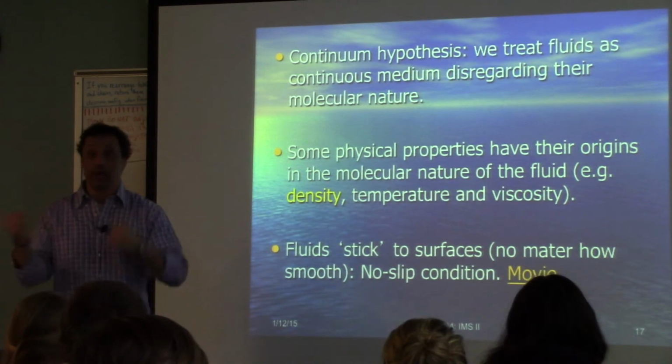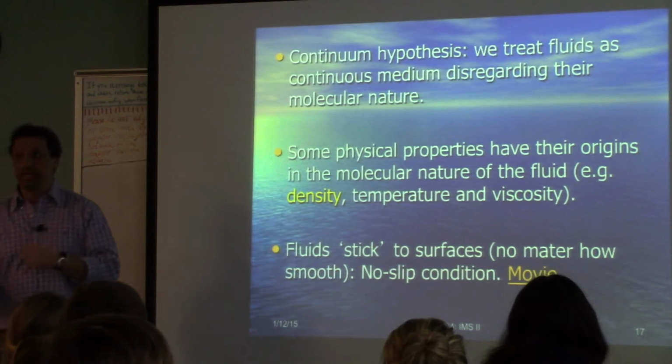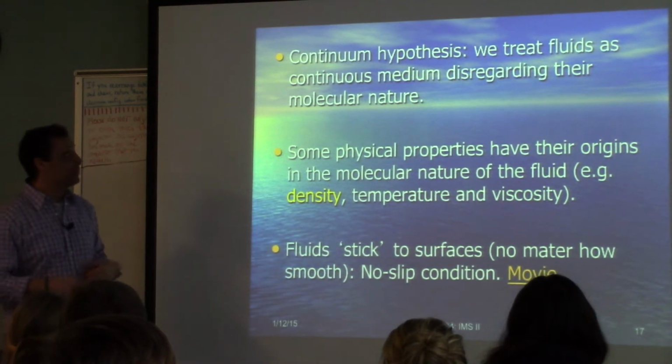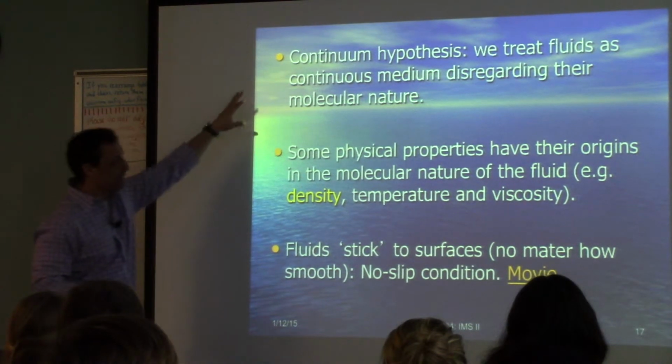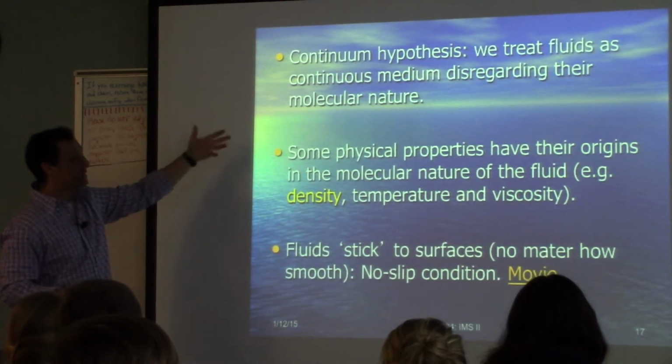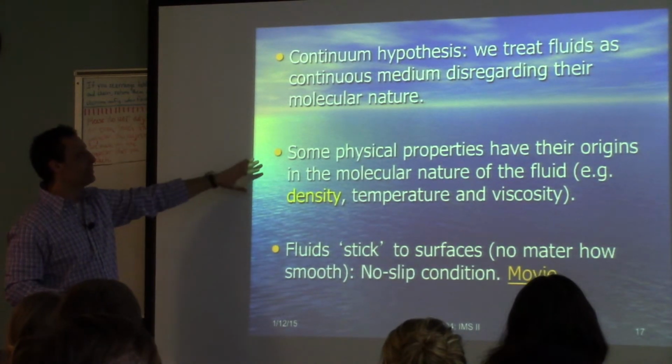Temperature is a result of their vibration. Viscosity relates, again, to their vibration and the way they interact with each other. So that's a very important assumption about fluids that seems to work extremely well in describing how they behave.